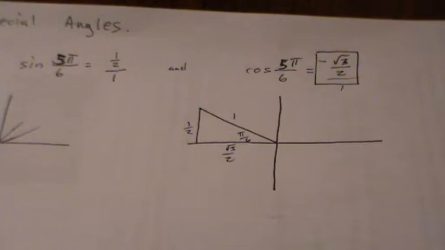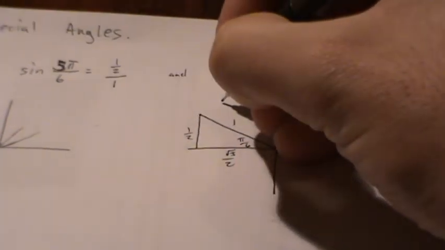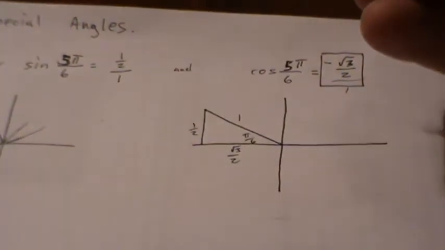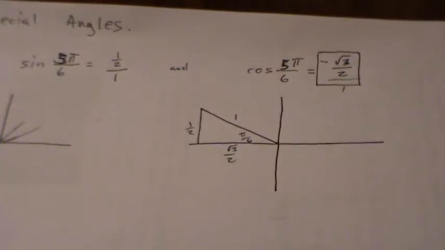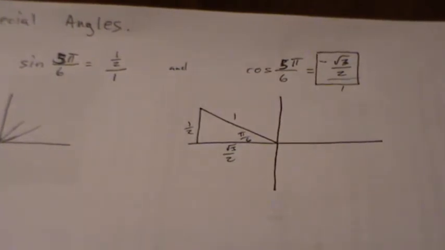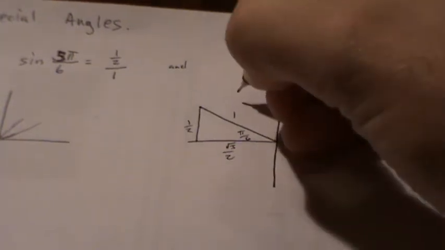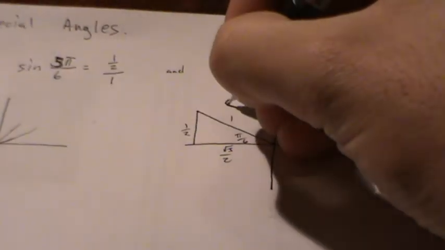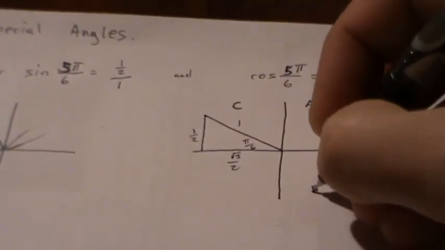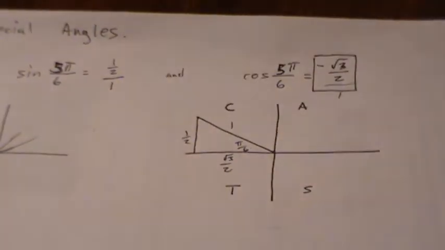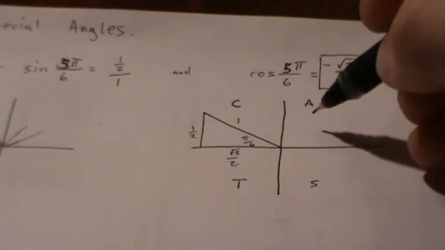And the reason is because cosine is always negative in this quadrant. You've got something called the CAST system. Sine, cosine, and tangent go like this. I believe it goes like this. C A S T. Cosine is always negative in this one.